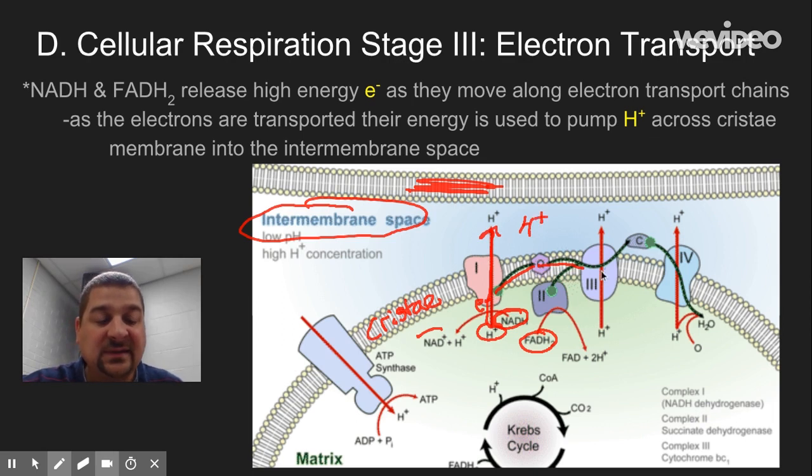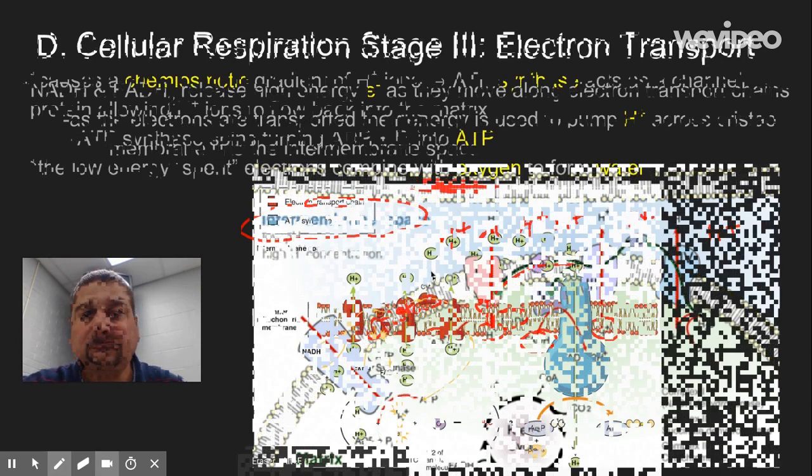So the electrons move down the chain. Here's FADH2 coming in a little bit later down the chain. Pump in hydrogen, pump in hydrogen, pump in hydrogen. Pretty soon this whole intermembrane space starts to get jam-packed full of hydrogen ions.